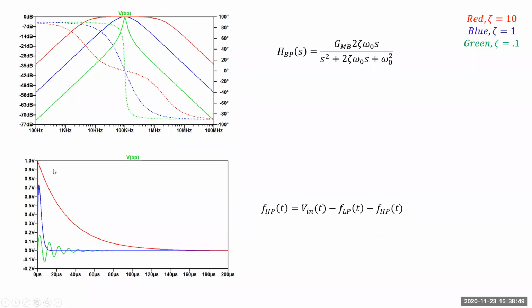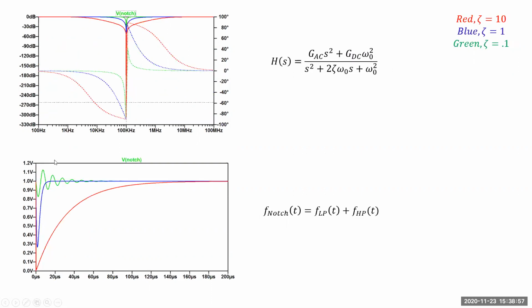You'd have to zoom in and you'd see that the red line is coming over a little bit. And then we have the notch, where it starts high at some value, dips, and then settles.